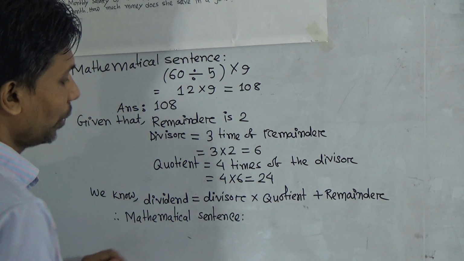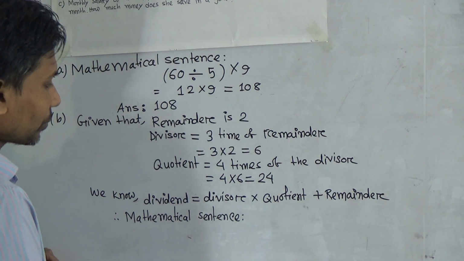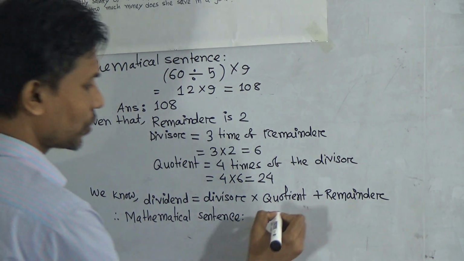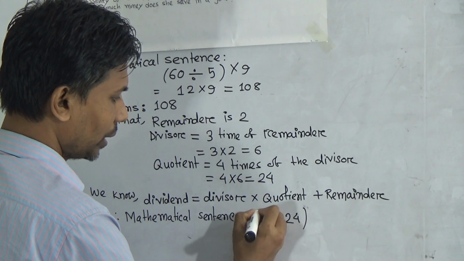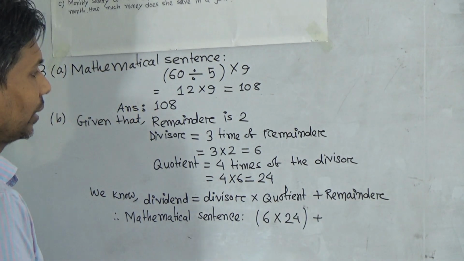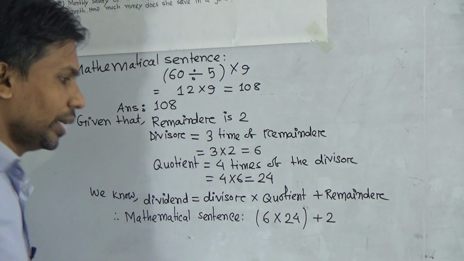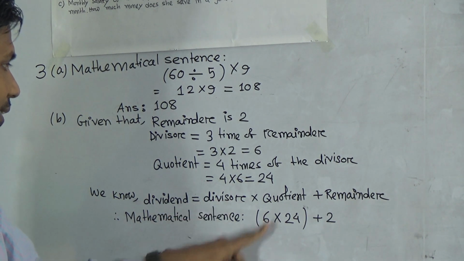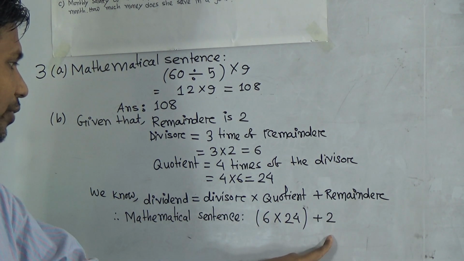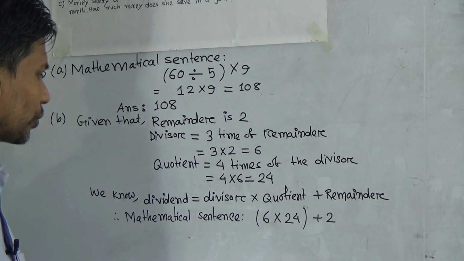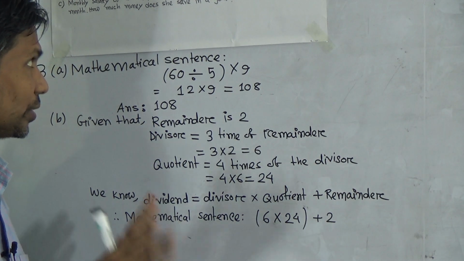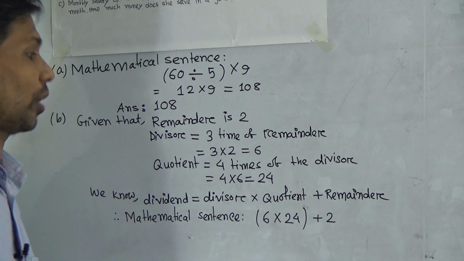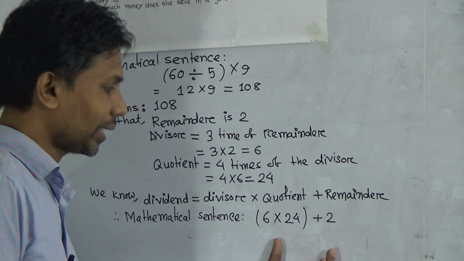So divisor is 6, quotient is 24, remainder is 2. Okay, student, this is the mathematical sentence. No need to write the dividend here, because our question is to write the situation as a mathematical sentence, then solve.